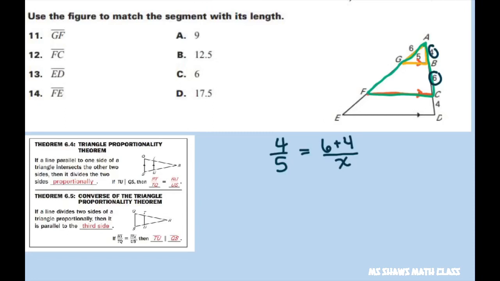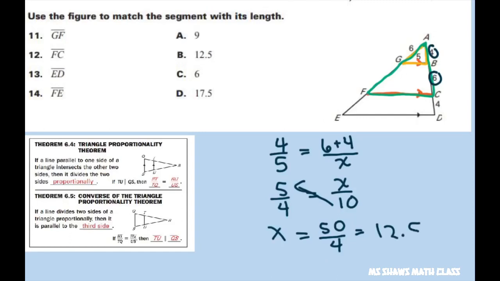Now I'm going to flip this around and write 5 is to 4 as X is to 10. Now you cross multiply and you get X equals 50 divided by 4, which equals 12.5. And so the answer for 12 is B.